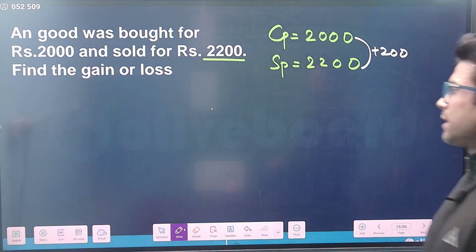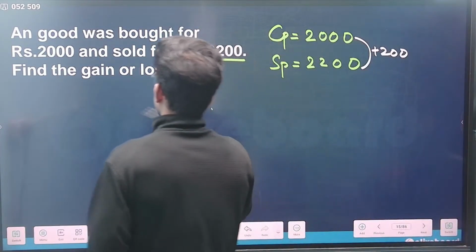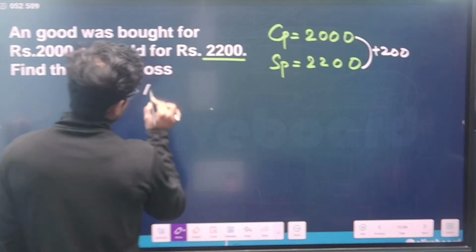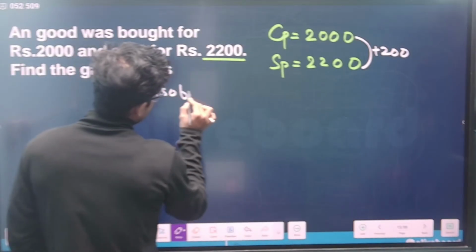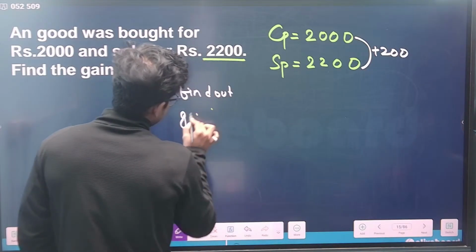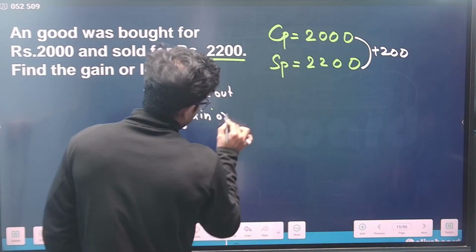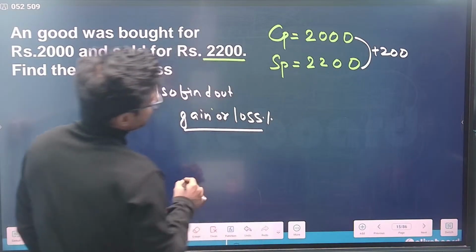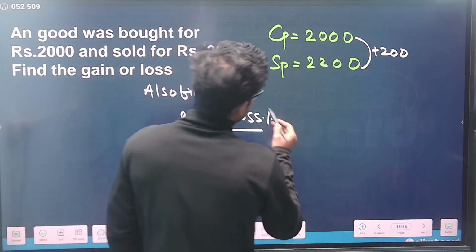But the question asks to find the gain or loss percentage. Now, gain is happening.